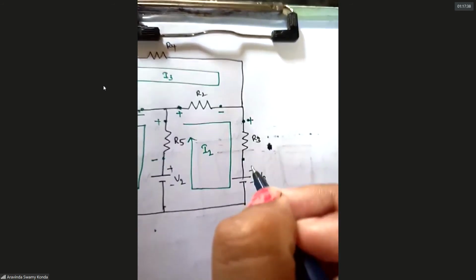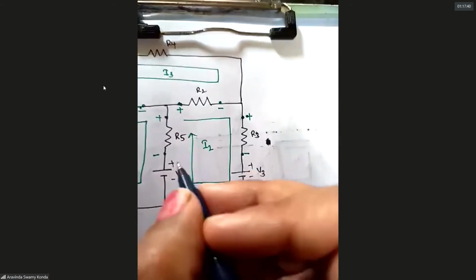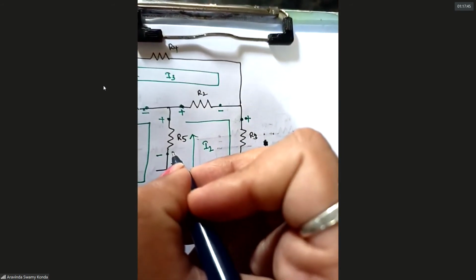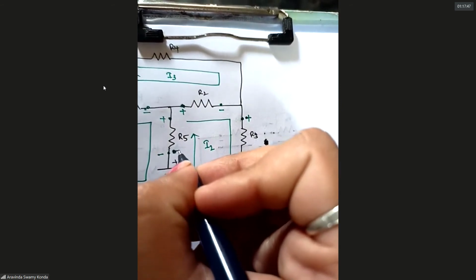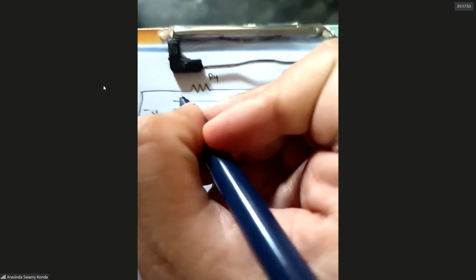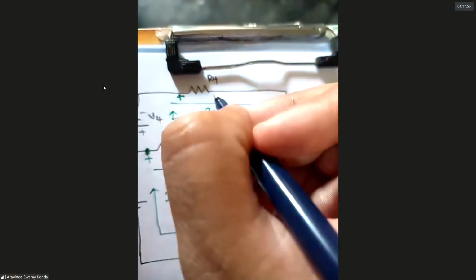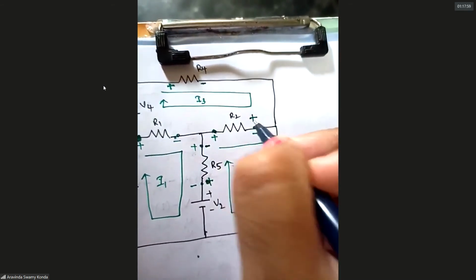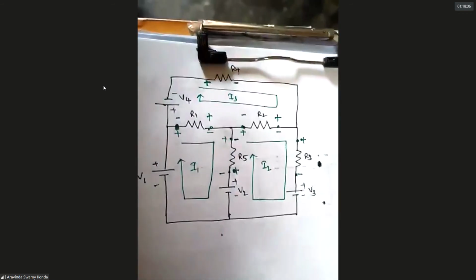Here minus. The plus minus is given. Here it is plus, and here it is minus. For this, the current is entering at plus, so minus. And here plus minus, plus minus is also given.